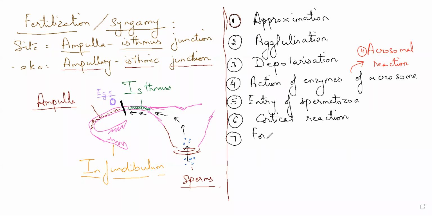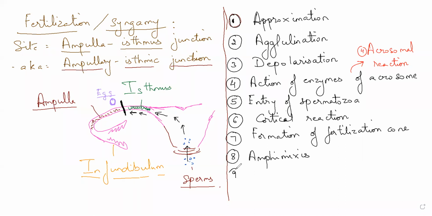Formation of fertilization cone. This happens at the entry of the spermatozoa. Amphimixis: mixing of the genetic material of the two sides.